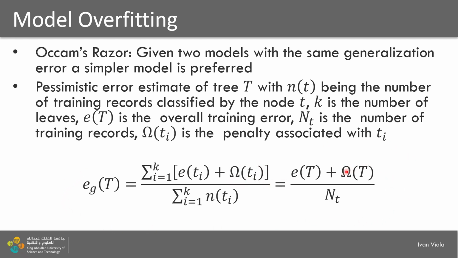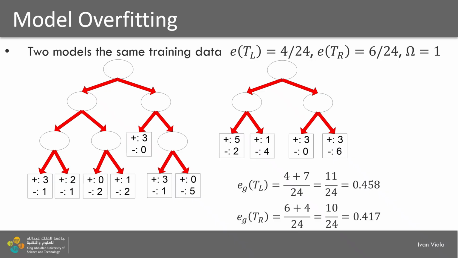So let's have a look at an example of how this error can incorporate these penalty terms, which are expressed here, penalizing the model complexity. We have here two different decision trees. The error of the tree on the left side is equal to 4 divided by 24.